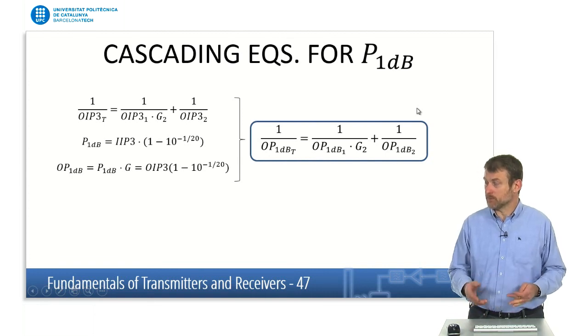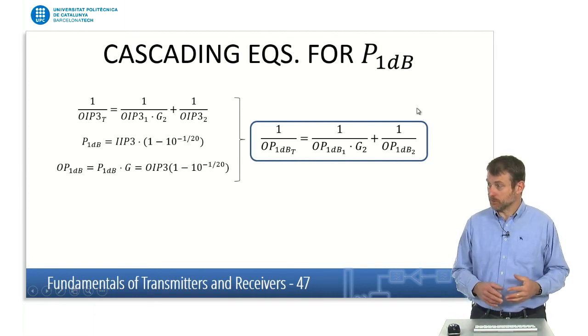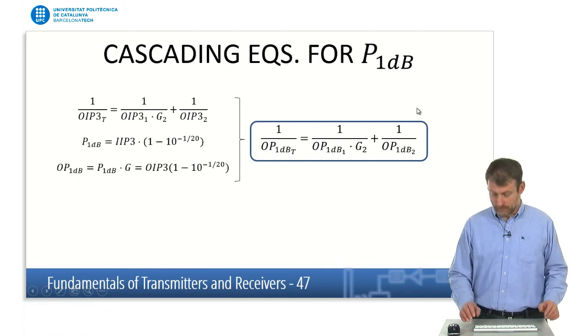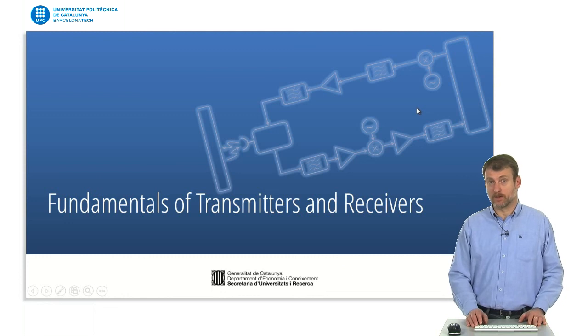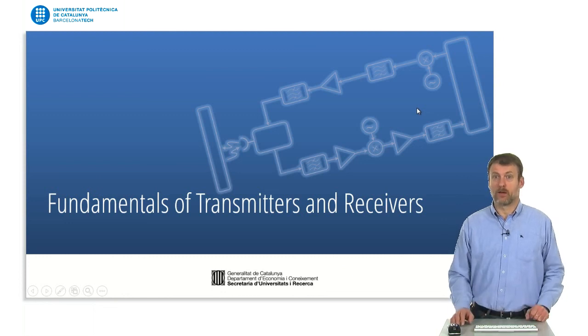For example, mismatch and other things. But they give a rule of thumb of what would be the overall third order intercept and the overall 1 dB compression point for a receiver chain.